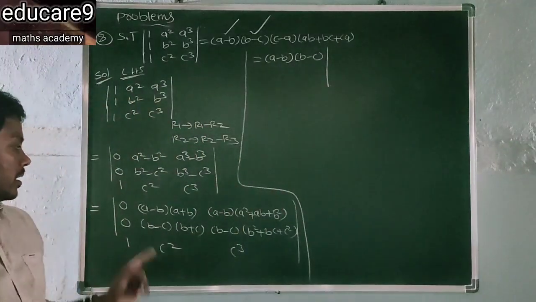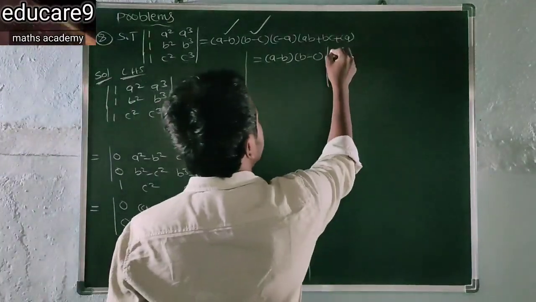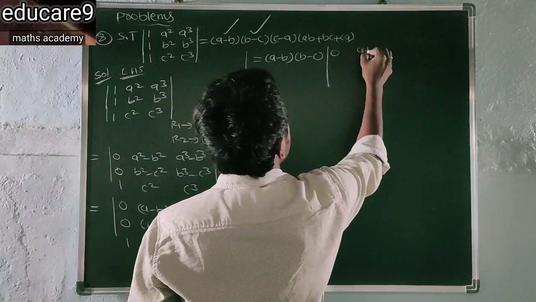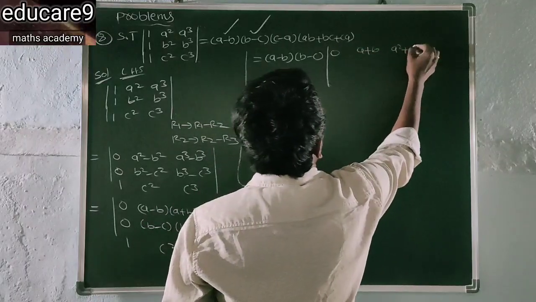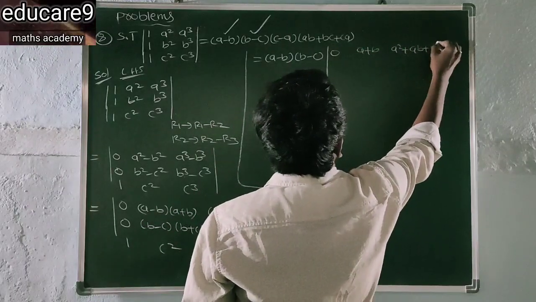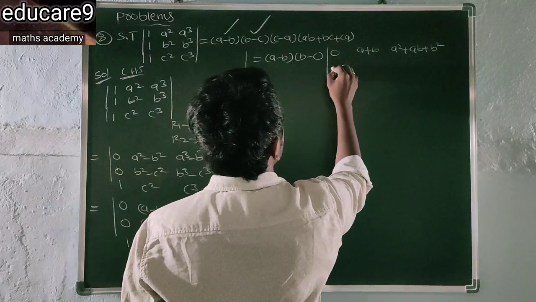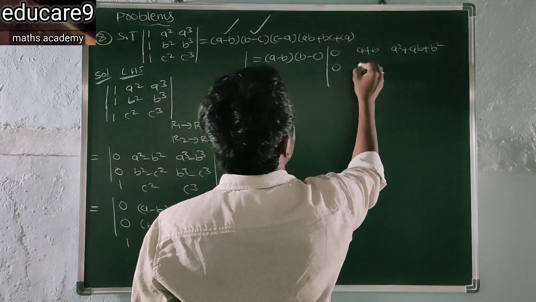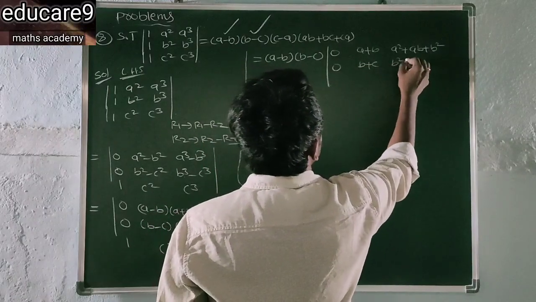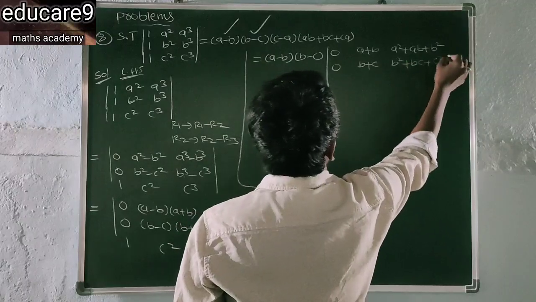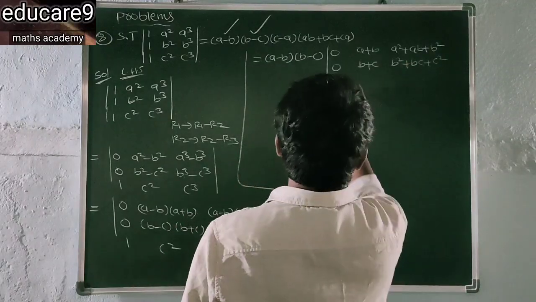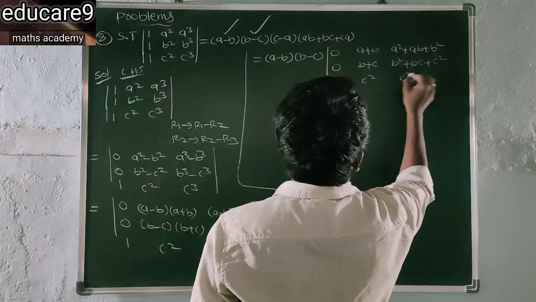So what is the remaining value? 0, A plus B, A square plus AB plus B square. Second row, 0, B plus C, B square plus BC plus C square. Plus third row, 1, C square, C cube.